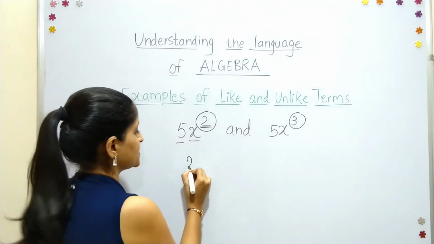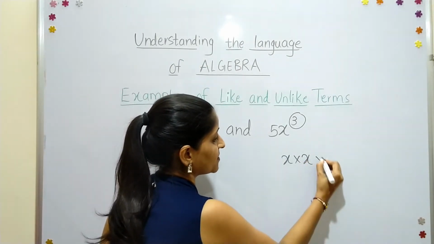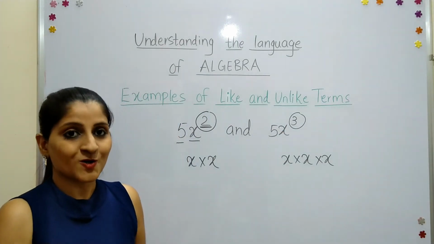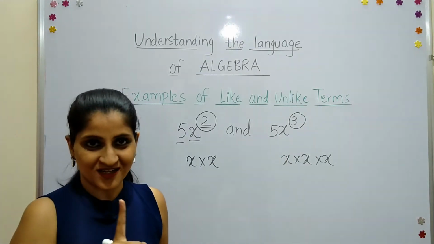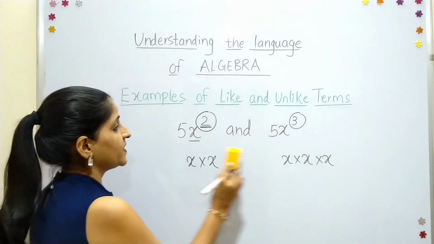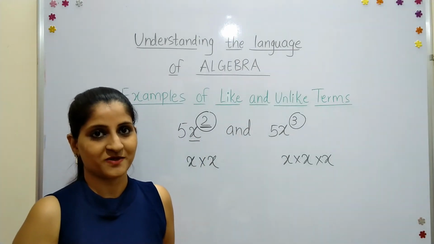This means this is x multiplied by x, whereas here it is x multiplied by x multiplied by x, 3 times. And because of that, x square and x cube are not like terms, but they are unlike terms. So 5x square and 5x cube will be called unlike terms in algebra.